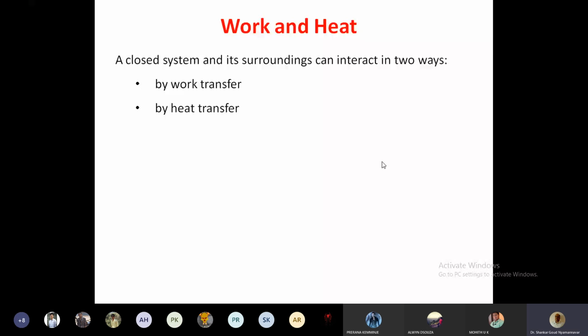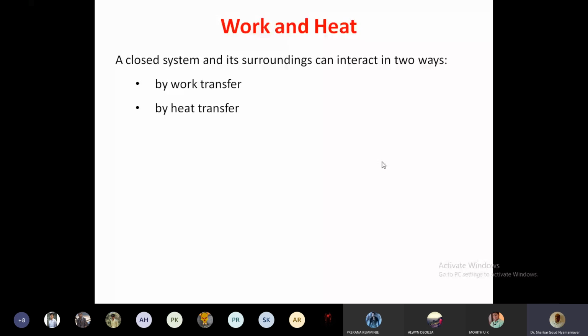When we look at the interaction of work surrounding in a system, what is a system? System is a region of interest on which I am doing an energy study. So what is the interaction? How can energy interact? Thermodynamics is all about energy, we have said.